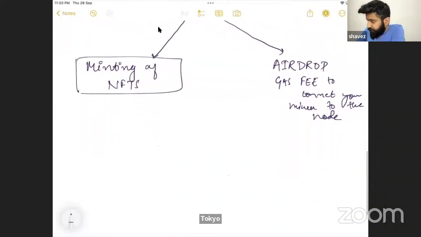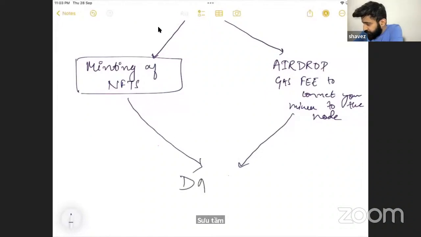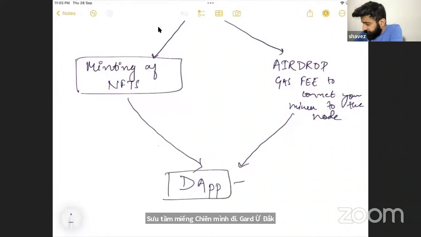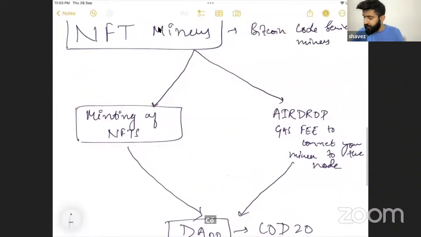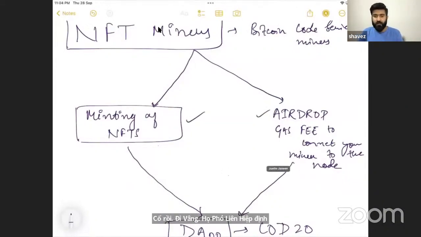So the minting and the airdrop will take us to the dApp. Code 20 dApp will go live once the minting of all the NFTs are done and then the airdrops are done.